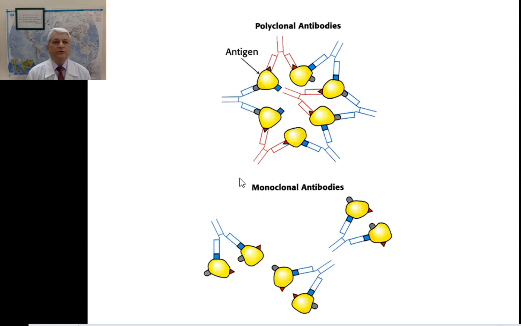Because they were synthesized, they were created, as you want, by different clones of B lymphocytes. And now you can write the next sentence, that immunoglobulins in our organism appeared as the result of biosynthesis by B lymphocytes.